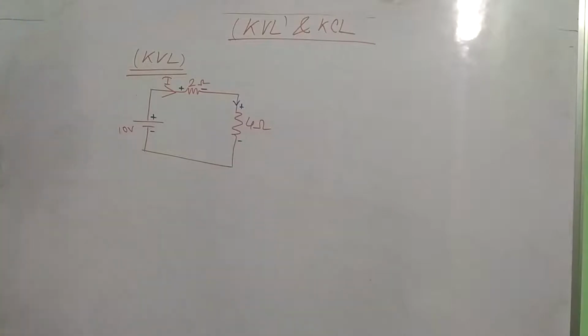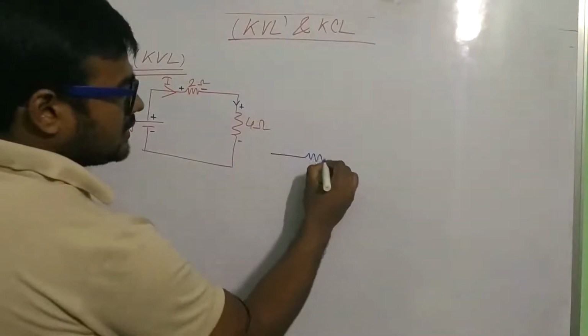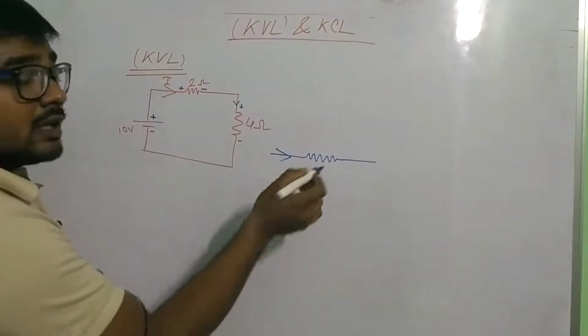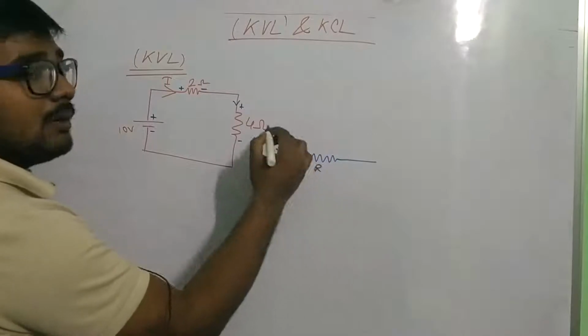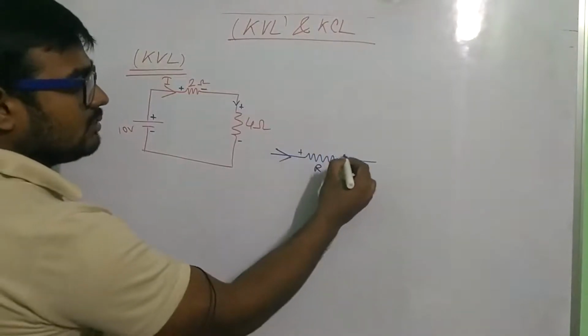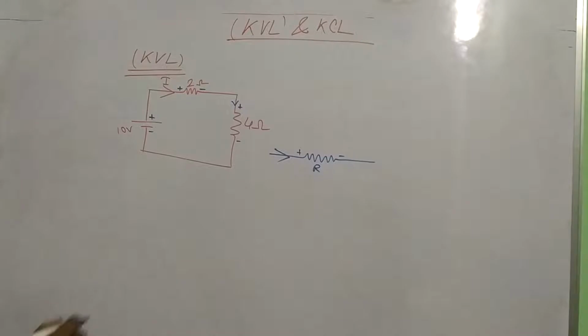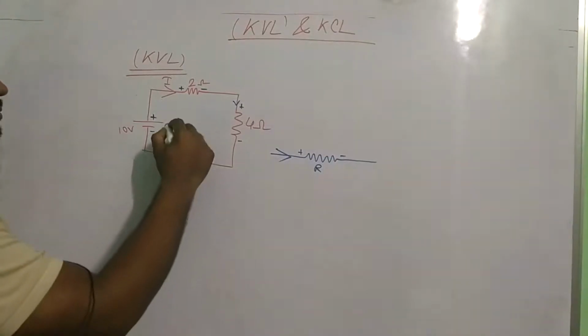If the current is entering at this position, then the polarity of this resistance is positive here and negative here. I think that is clear.